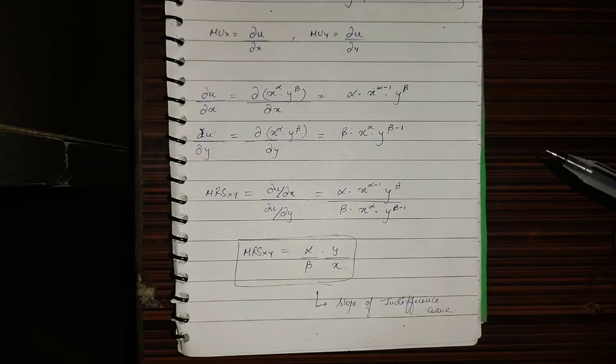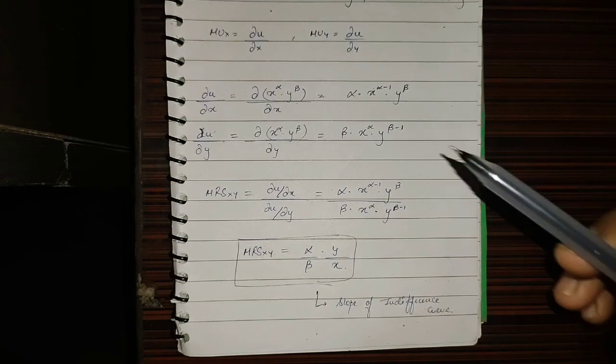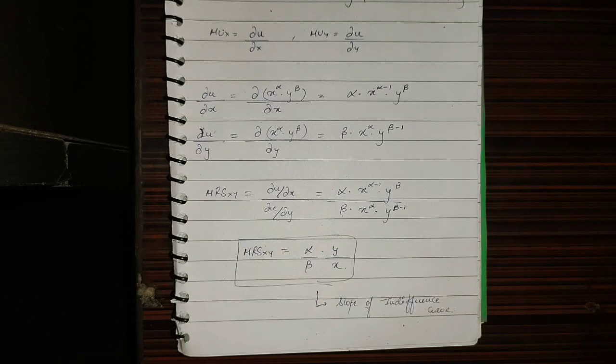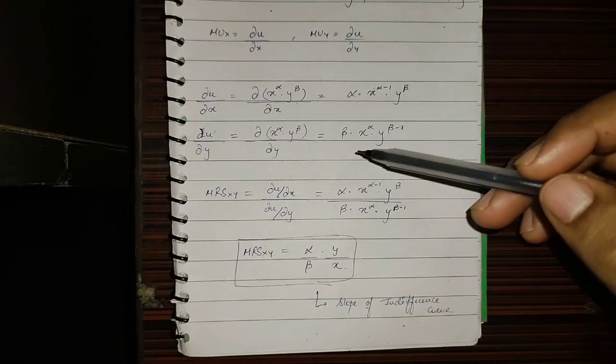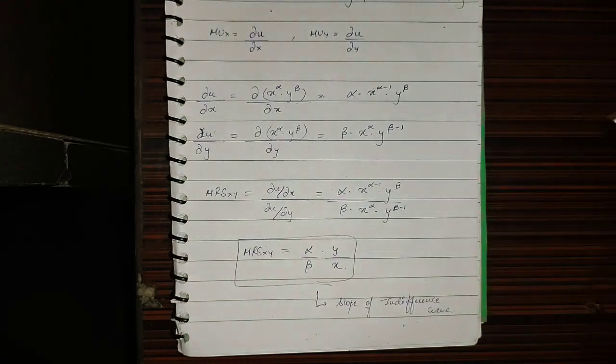Since the marginal rate of substitution was the ratio of the marginal utilities of X and Y, we can also write it as del u by del x divided by del u by del y. And since we have already found the marginal utilities, we just need to substitute them. Once substituted, we can make some cancellation in the numerator and denominator.